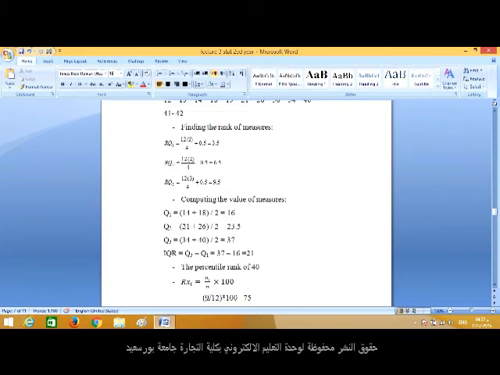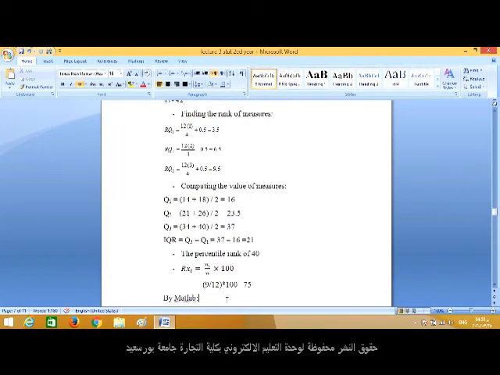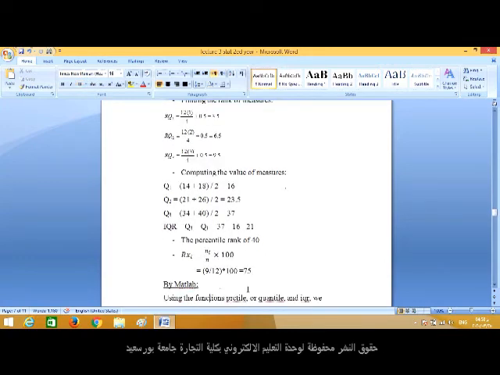Then 9 divided by 12 multiplied by 100 equals 75. So the percentile rank of the value 40 is 75. Now by MATLAB, using the function percentile or quantile.